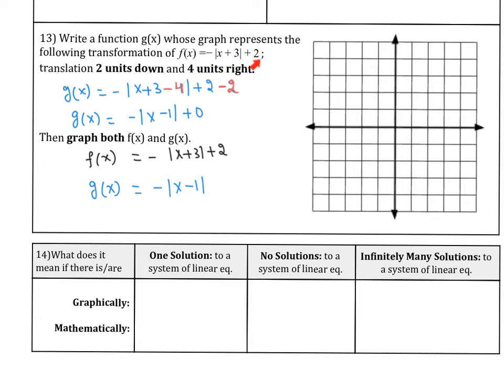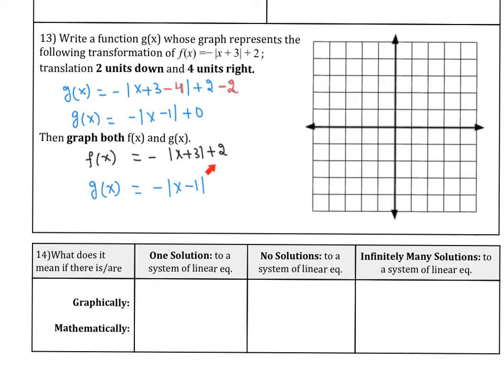And outside of the function you're going to subtract 2 because it's 2 units down. So you're going to subtract 4 here, and for 2 units down you're going to subtract the 2 from outside. The function you're going to get for g(x) is negative (x minus 1) and 0 outside.